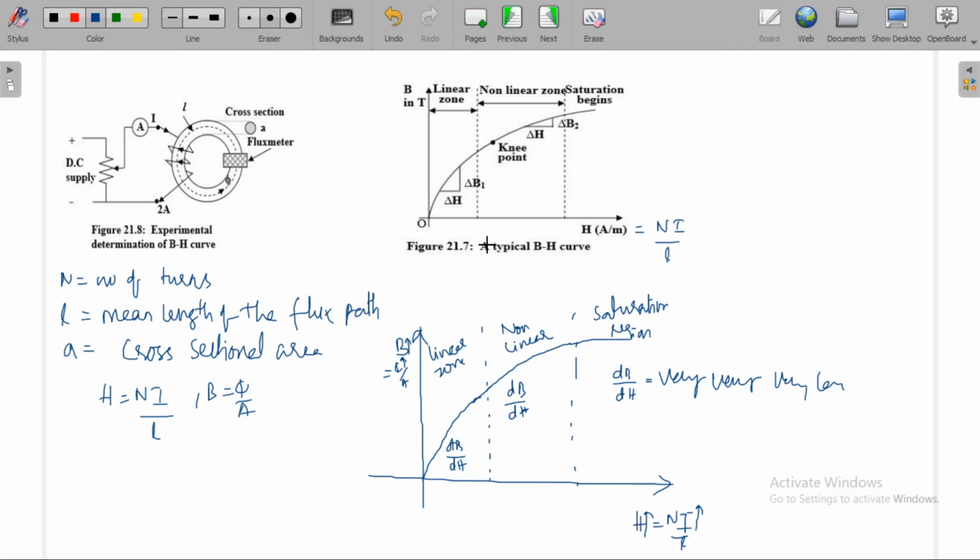Here, see delta H from here to here, and again from here to here is the same delta H. For the same value of delta H, if you compare these two regions, delta B1 is greater than delta B2.